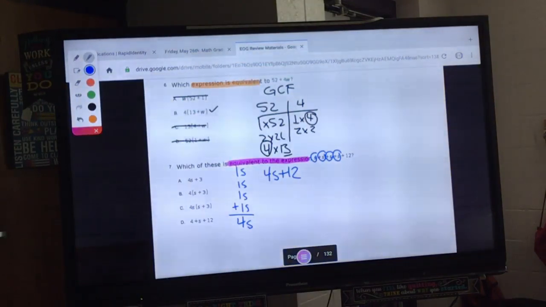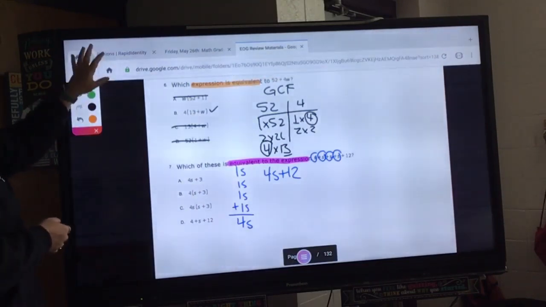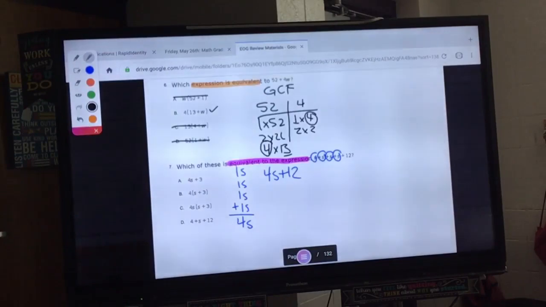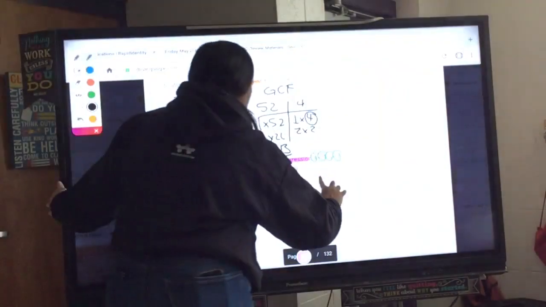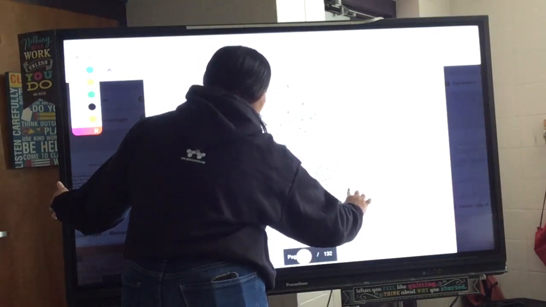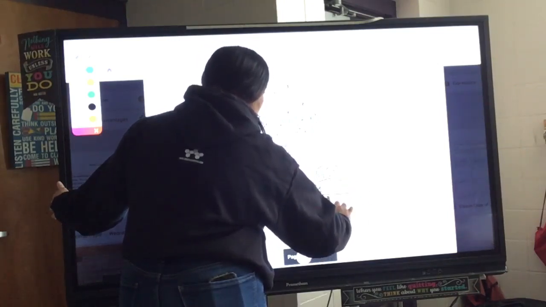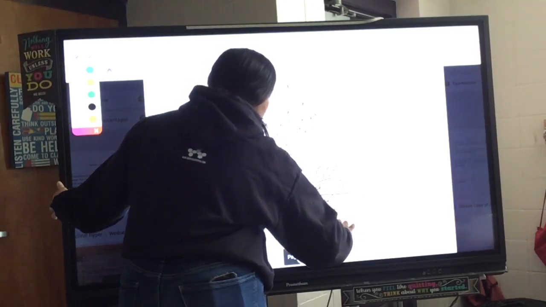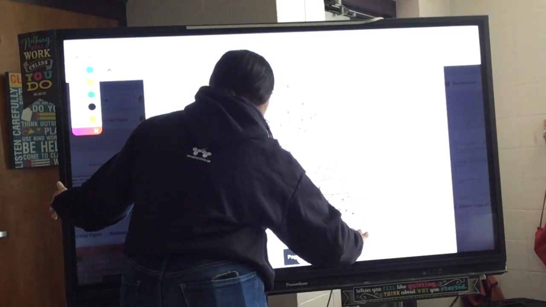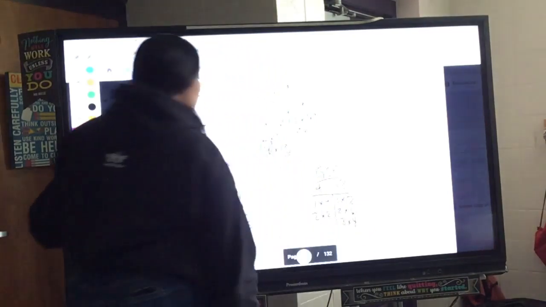So what did we do wrong? Did we do anything wrong? We just haven't finished solving. So now at this point, what do we have to do? Yes, we have to do distributive property. So finding the GCF of both of those, we have 4 and 12. 1 times 4, 2 times 2, 1 times 12, 2 times 6, 3 times 4.